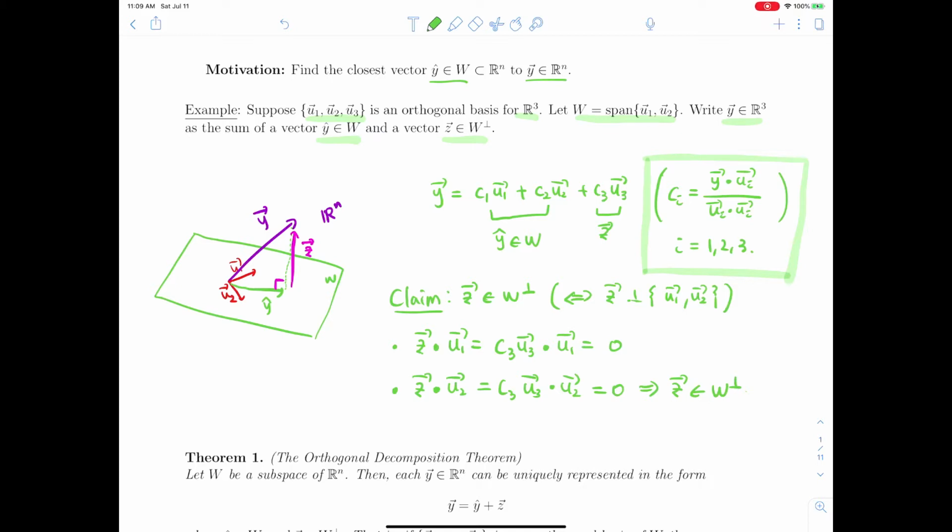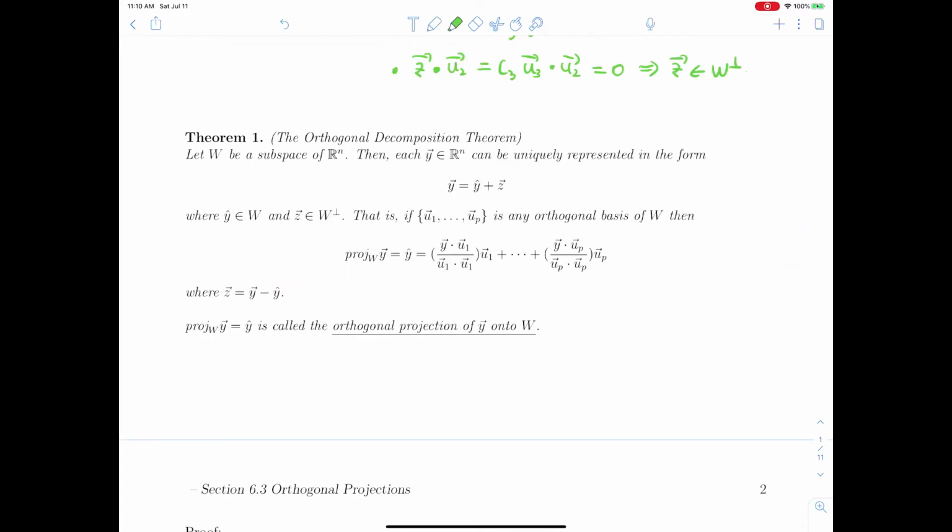And in fact, we can generalize this to n number of vectors. So in general, we can decompose any vector y inside Rn to be a vector inside W and a vector perpendicular to W. And if u1 through up is an orthogonal basis of the given subspace W, then y hat, the projection of y onto W, is given by exactly the same thing as in the above example, where z is defined by y minus y hat.